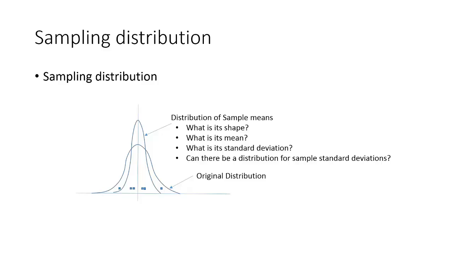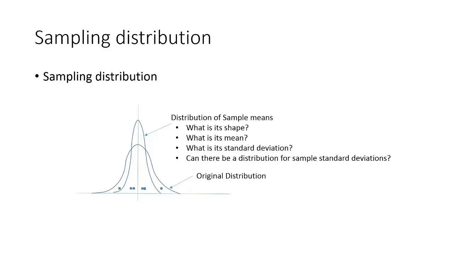But our focus for now has been on the distribution of sample means, and the important things to take away are, if you start with an original normal distribution, then by theory you will have a normal distribution for your sample means for whatever sample size.